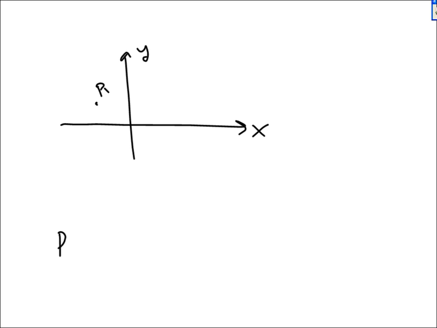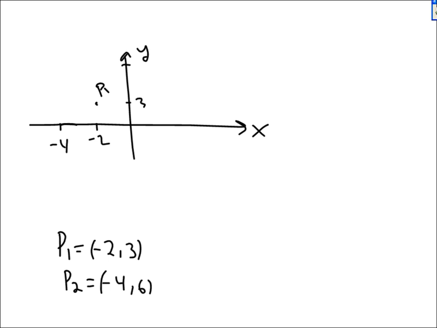Let's try one more. Suppose that P1 is negative 2, 3, and P2 is negative 4, 6. Now, the vector goes from P1 to P2, because I'm putting the arrow at P2.